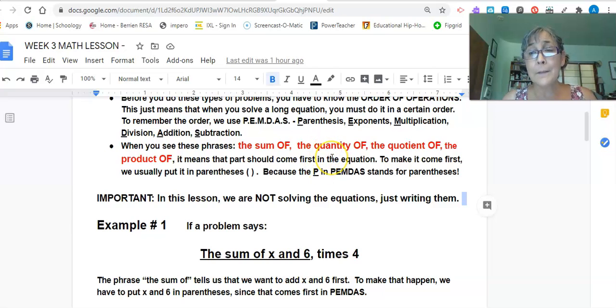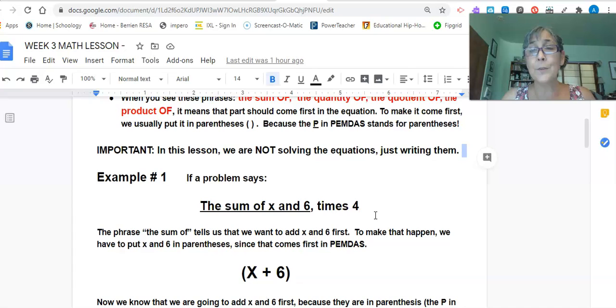That automatically tells the person doing the problem that they have to do that first, because parentheses comes first in PEMDAS, right? So keep in mind when we do these, we're not solving the problems, we're just making equations, or number sentences, I should say, not equations.